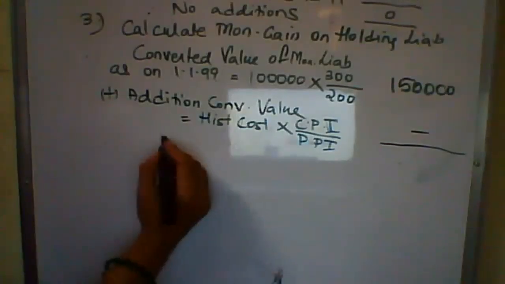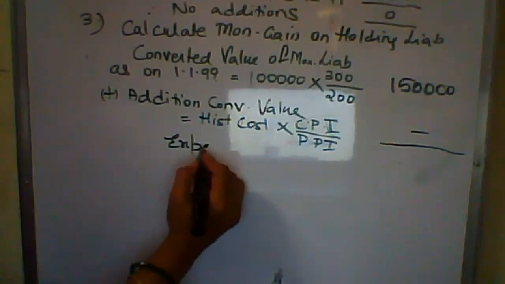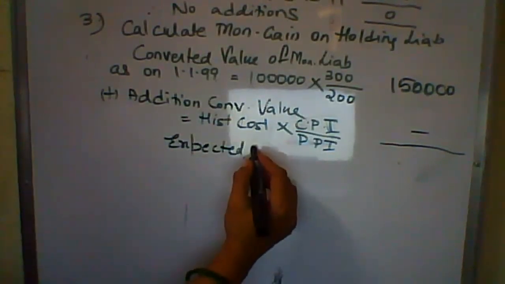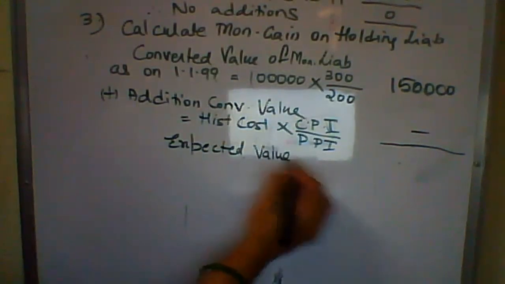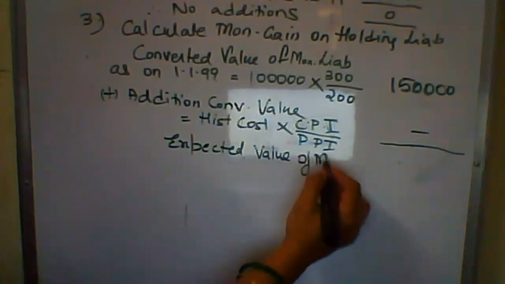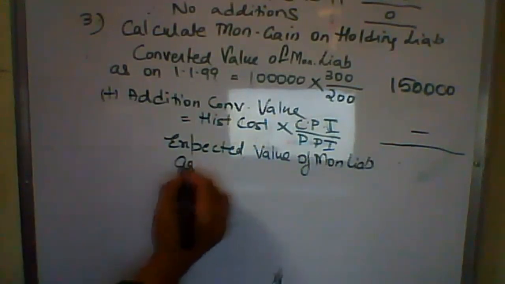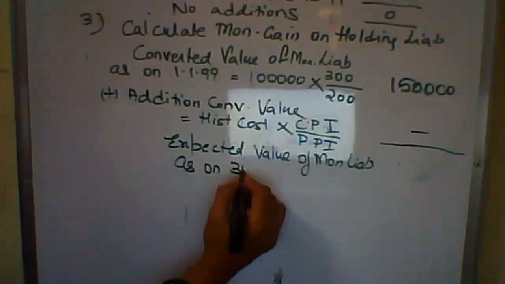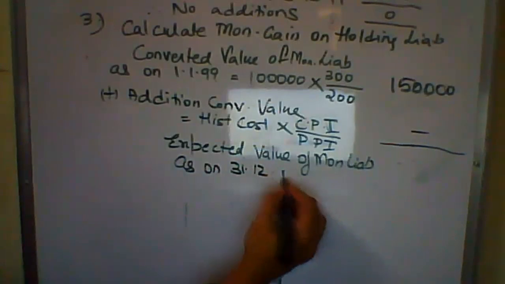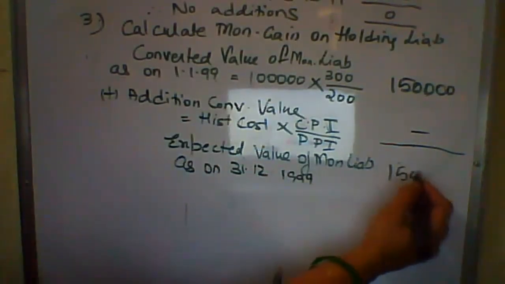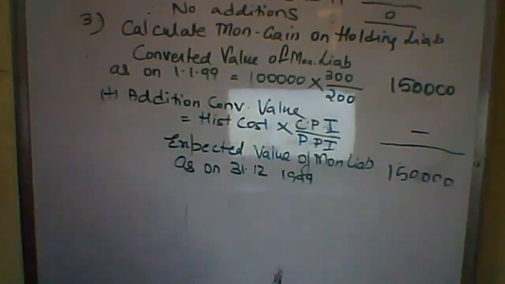So my expected value of monetary liability as on 31st December 1999 is 1,50,000.